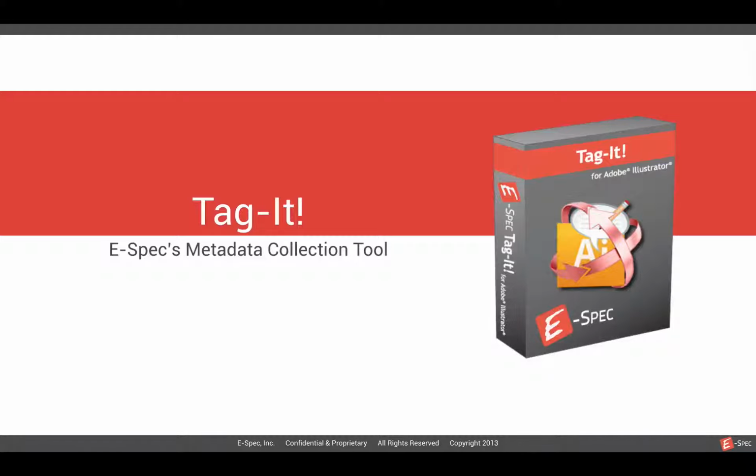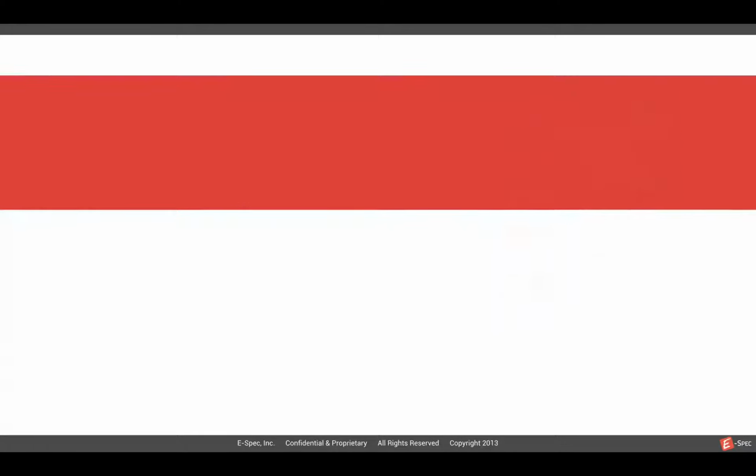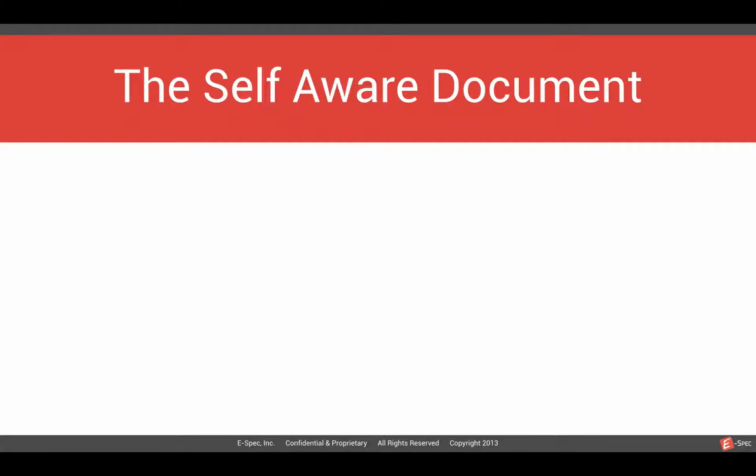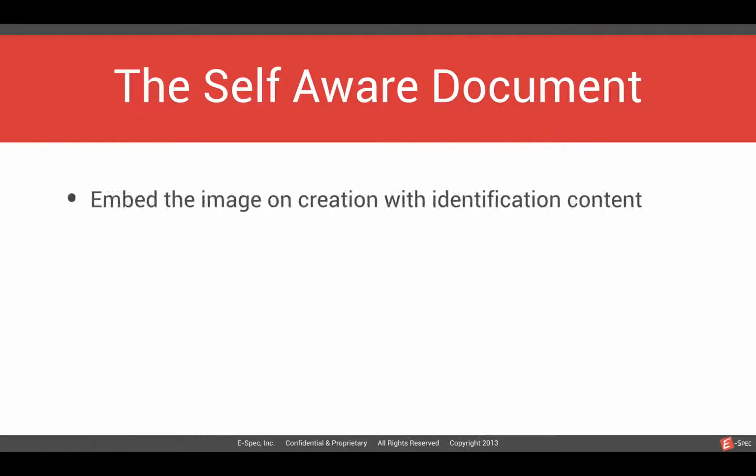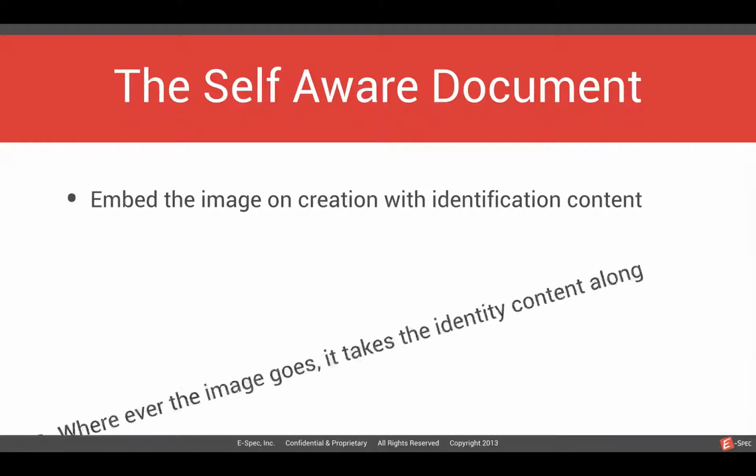Tagit is a metadata collection tool that takes the images that it's generating out of Convert and is embedding custom metadata into the files. It creates what we call the self-aware document by embedding the image on creation with identification content.